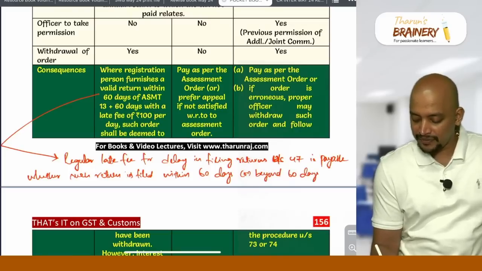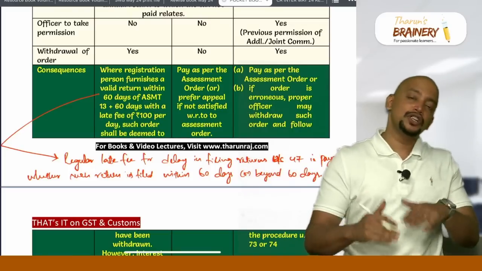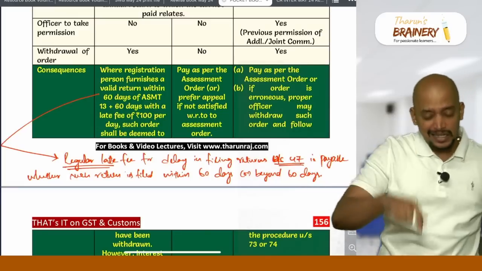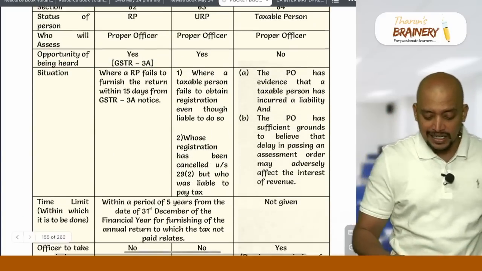When you are filing within 60 days or beyond 60 days, you need to pay the regular late fee under section 47. But this is the late fee under section 62.